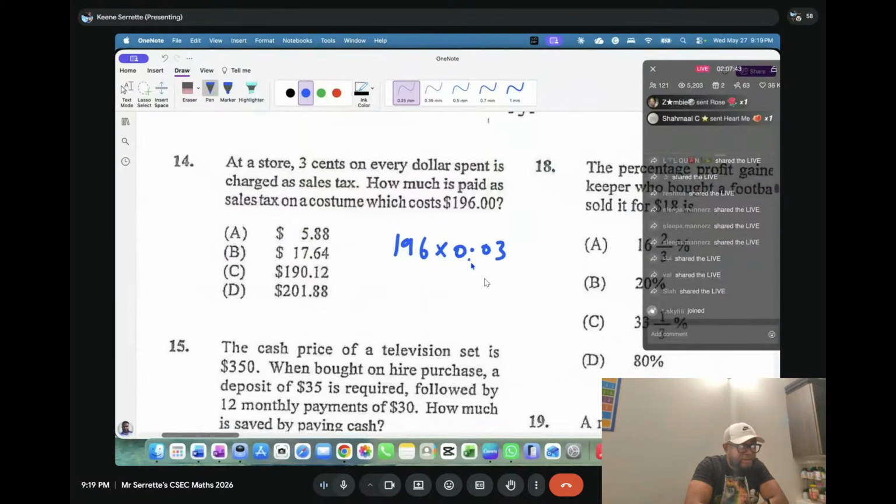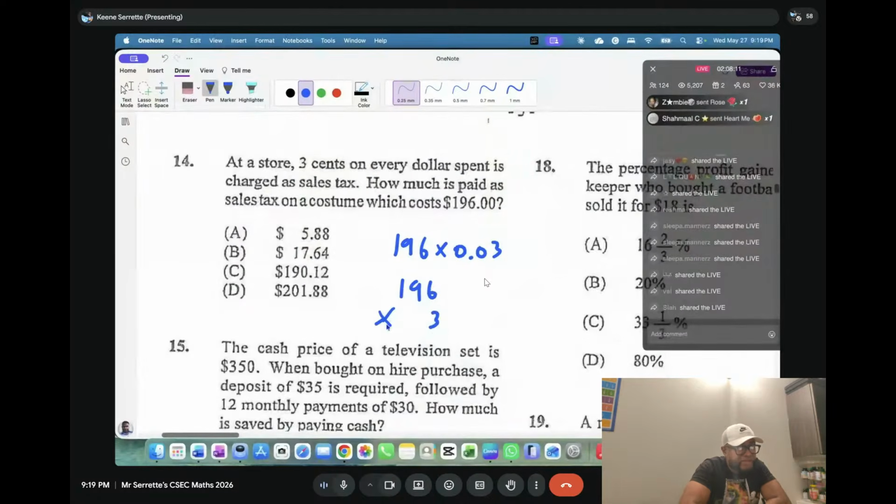Properly, not 0.3, it's 0.03. So we move the decimal point twice. No, this is not division, this is multiplication. Hold on. You could drop the decimal places, multiply, and put them back. So 0.03: drop the decimal points, you do 196 multiplied by 3.